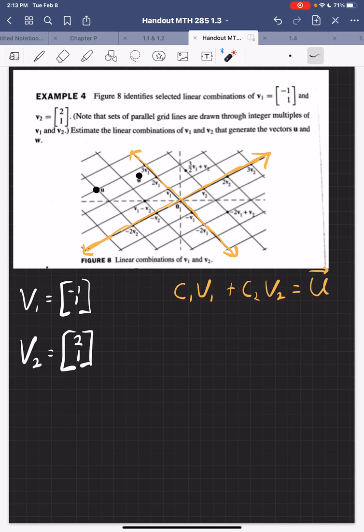All right, since we have this nice graph, let's start with the v sub 1 direction to get to u. Here's my destination. I think you'll grant me that I need to travel all the way to here in order to get to that vector u. So I would need to travel to 3 v sub 1. In other words, my scalar c sub 1 is 3.